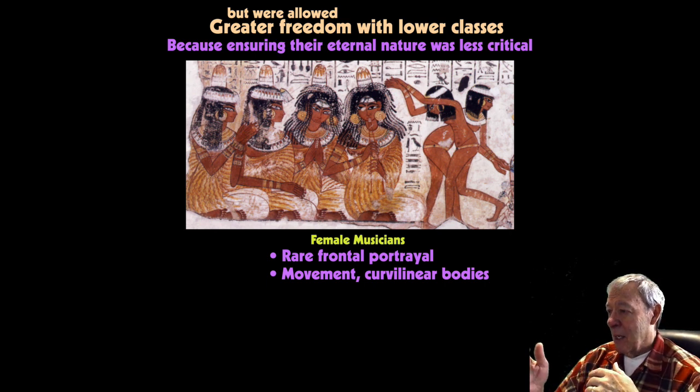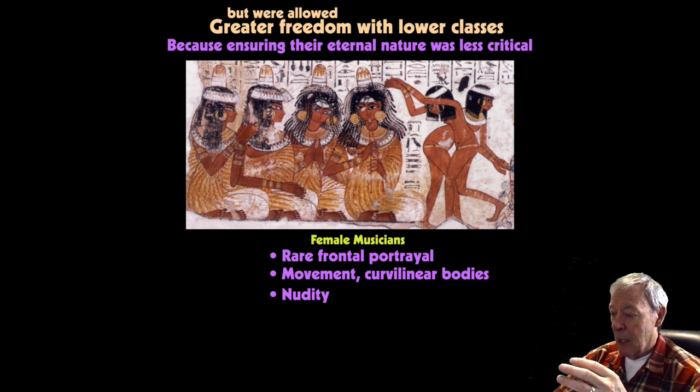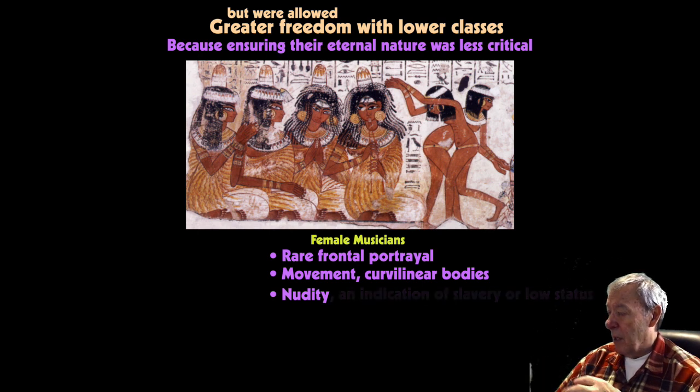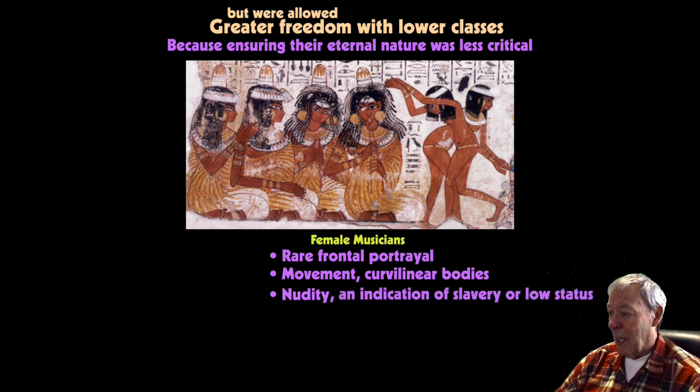And then the other thing is nudity. These young girls are clearly identifiable as slaves because in Egypt and in much of the ancient world, in fact, nudity was always an indication of slavery or very low class. Now, with that in mind, it's interesting to consider what the Greeks did, because the Greeks reversed that approach, in that even the gods themselves were nude, right?